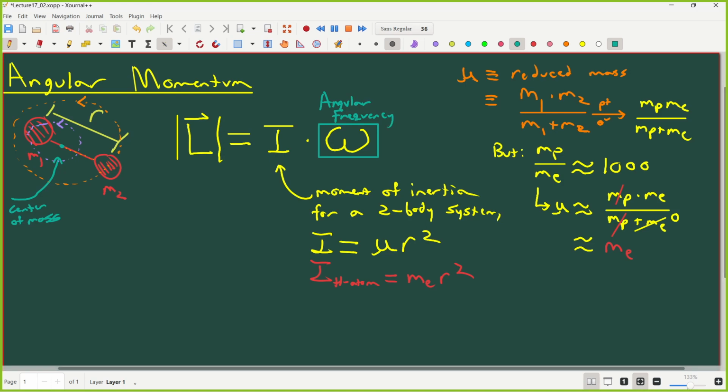Instead of how many meters you travel in 1 second, it's how many radians you travel in 1 second. So the units of angular frequency are radians per second. Radians aren't a real unit, so we usually just say it's per second. So angular frequency in particular is radians per second.